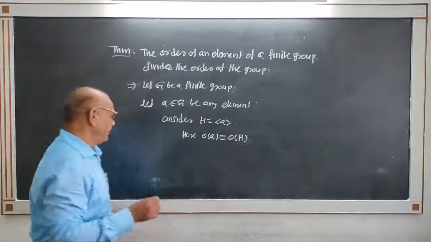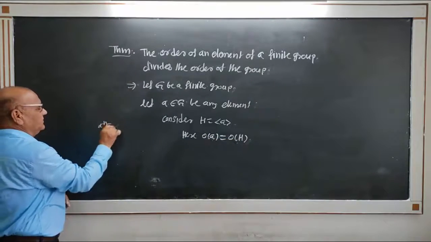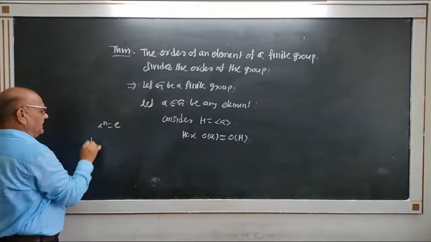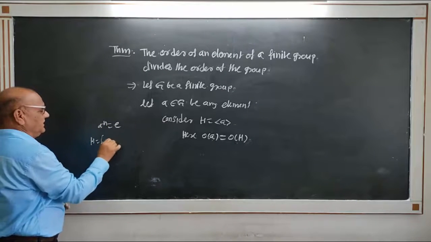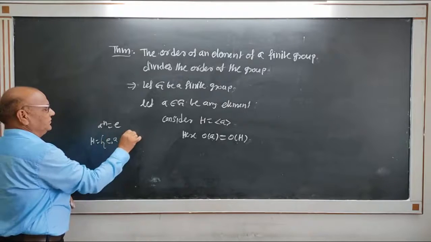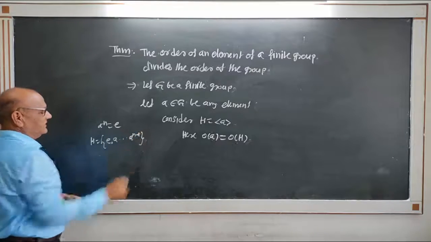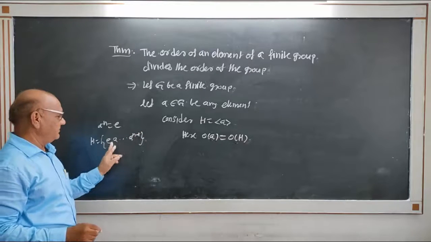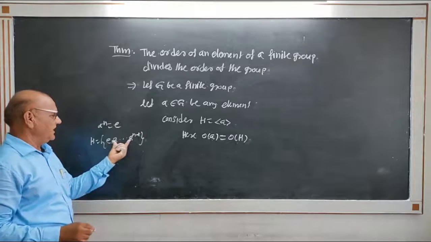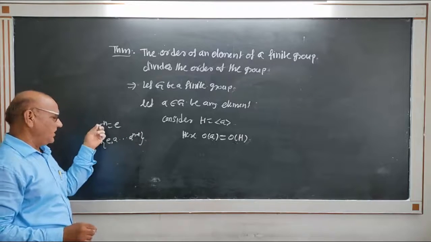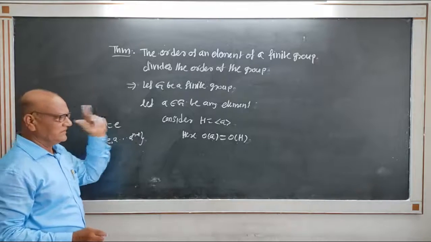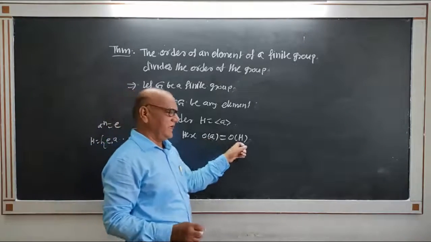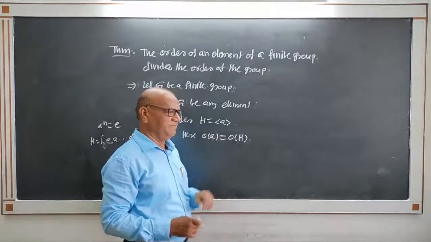If A raised to n is equal to the identity, then H contains E, A, up to A raised to n minus 1, because A raised to n becomes E, and these are n elements. So the order of H is also n, and the order of A and the order of H are the same.